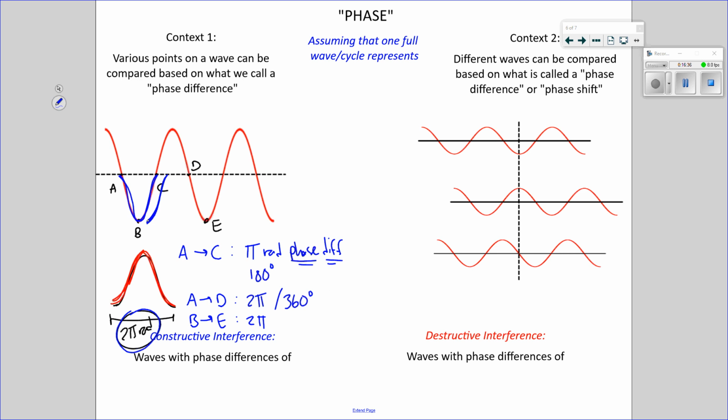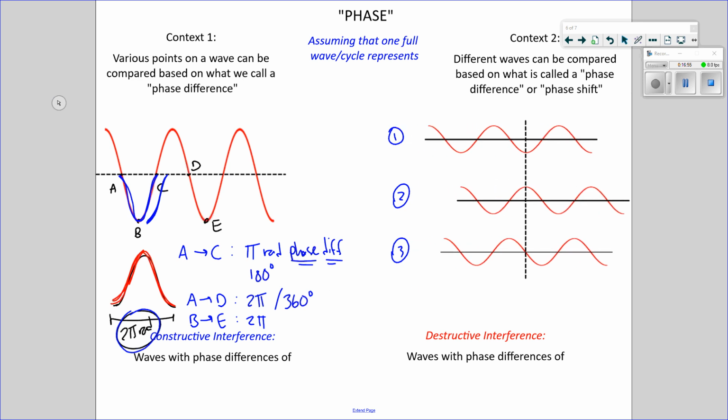Now, we also might talk about the phase difference or phase shift of actual different waves. If we say here's wave 1, here's wave 2, here's wave 3, you can notice that there is a way to match them up.